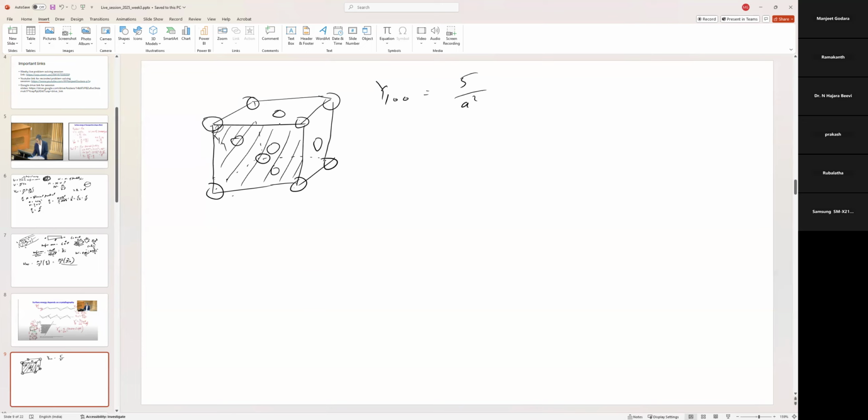There should be only two atoms: one atom, and one sitting on the surface. So I think there should be only two.